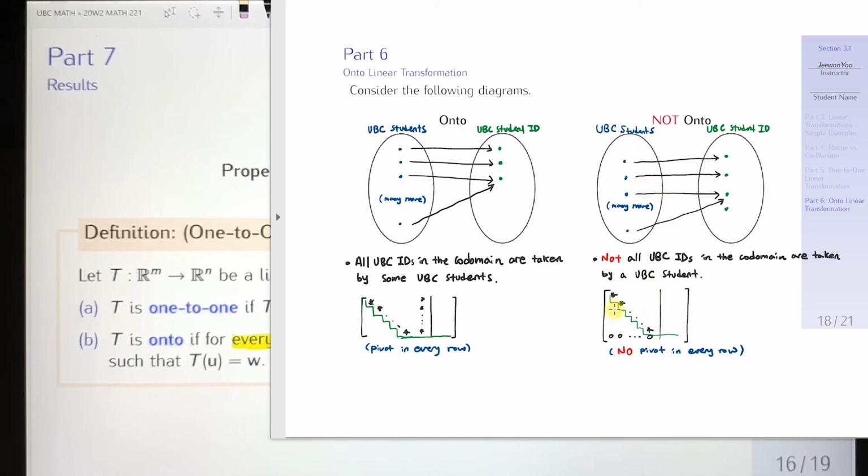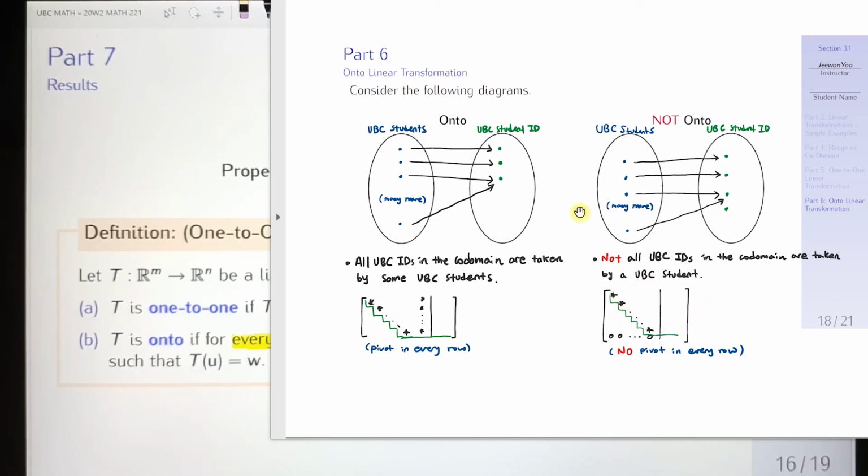In this case, we might have inconsistent system. That means no pivot in every row, because we have one element in the codomain that is not in the range. So if you are unlucky and choose this UBC ID to solve the augmented matrix, it's going to be an inconsistent system at the end.